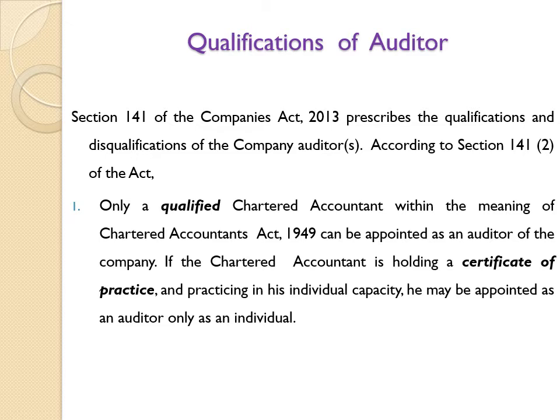Under it, the criteria of qualification is given. According to section 141 clause 2 of the Companies Act, the qualification of company auditor is described as only a qualified chartered accountant within the meaning of the Chartered Accountants Act 1949.